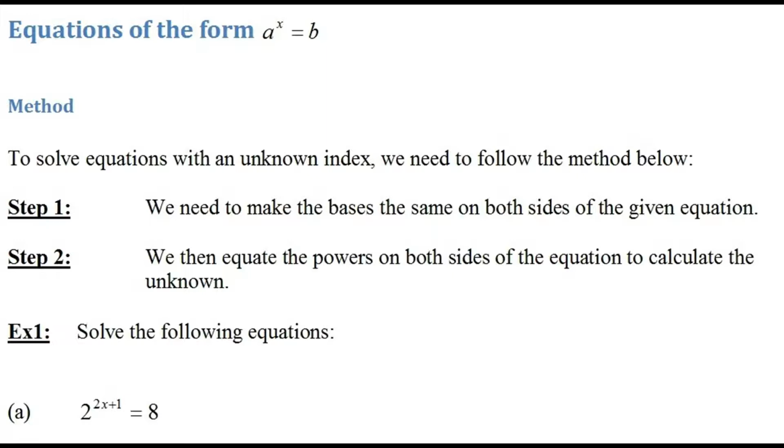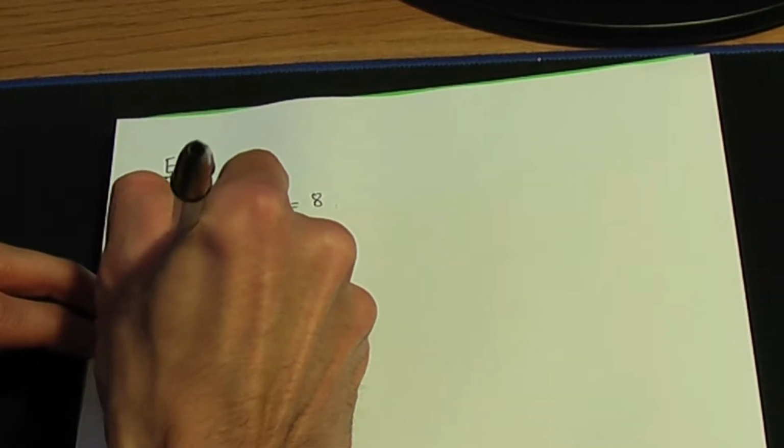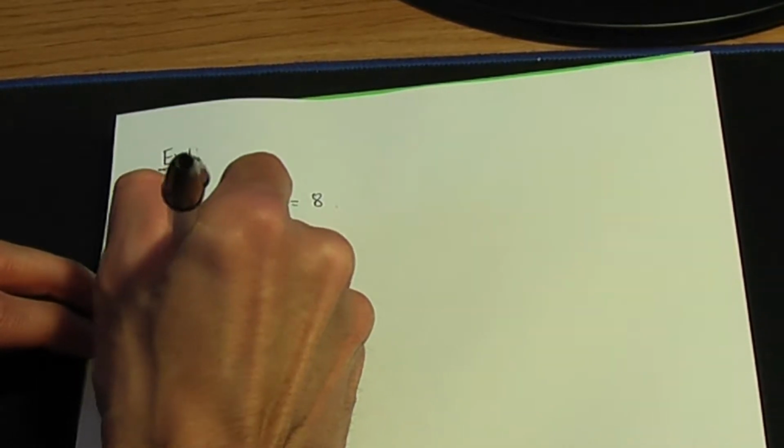So here's example 1, part A. We need to solve this equation: 2 to the power 2x plus 1 is equal to 8. So back to the paper and pen. Here is how step number 1 works.